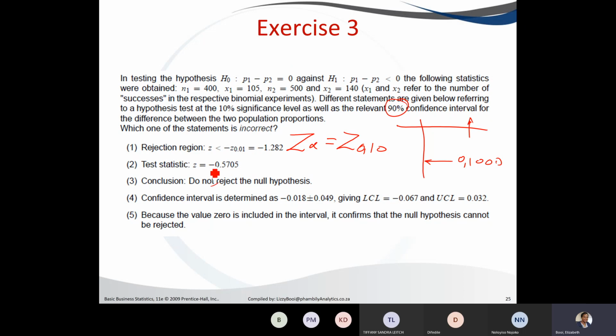And with that, if this is your test statistic and this is your critical value exactly as it's supposed to be, are you going to reject the null hypothesis? Then you make a decision. Remember, you're looking for the incorrect answer here. And then this is based on the confidence interval.